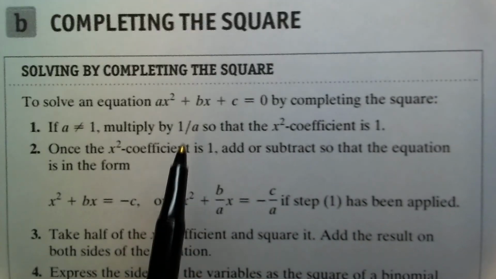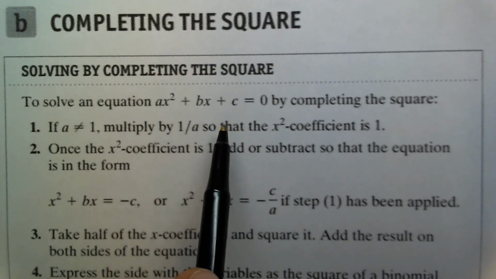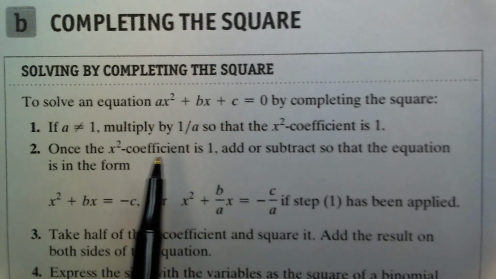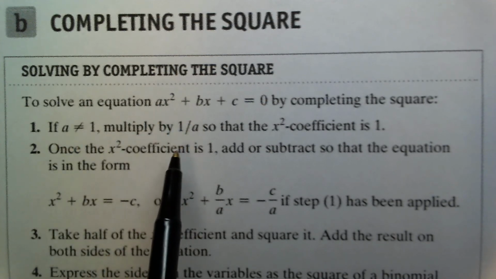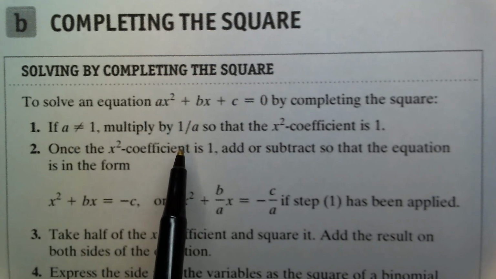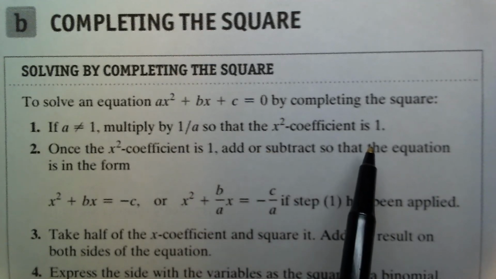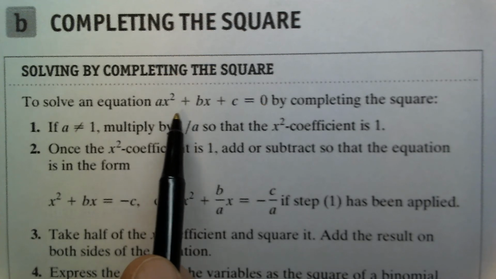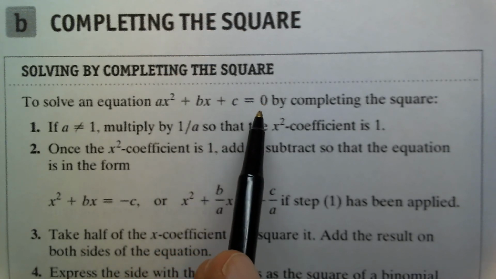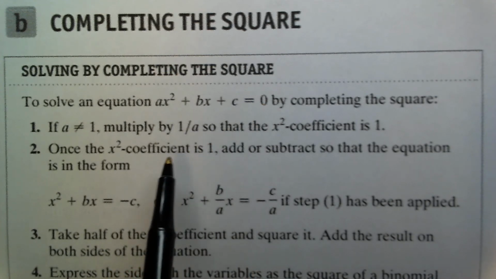To solve an equation of the form ax squared plus bx plus c equals 0 by completing the square, number one, if a is not equal to 1, multiply by 1 divided by a, so that the x squared coefficient is equal to 1. That means we have to divide each term by a, not only the first one, of course.